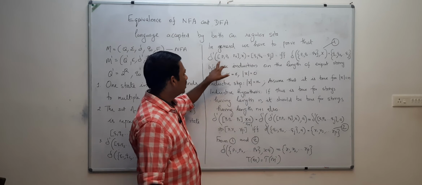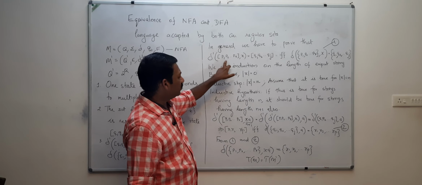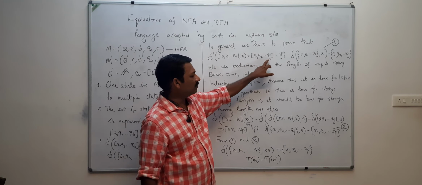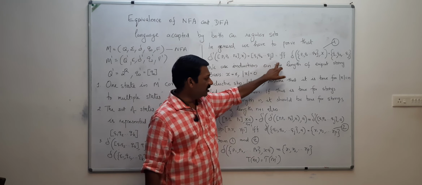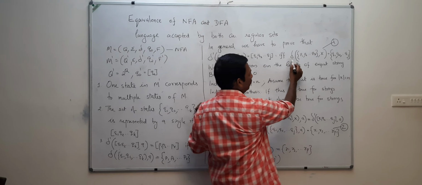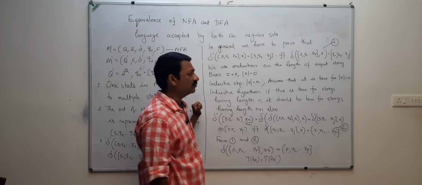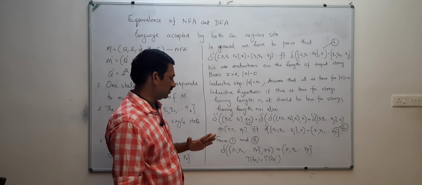That means delta dash of P1, P2, etc. up to Pr on X is equal to Q1, Q2, etc. up to Qj if delta of P1, P2, etc. up to Pr on X is equal to Q1, Q2, etc. up to Qj. That is our assumption.